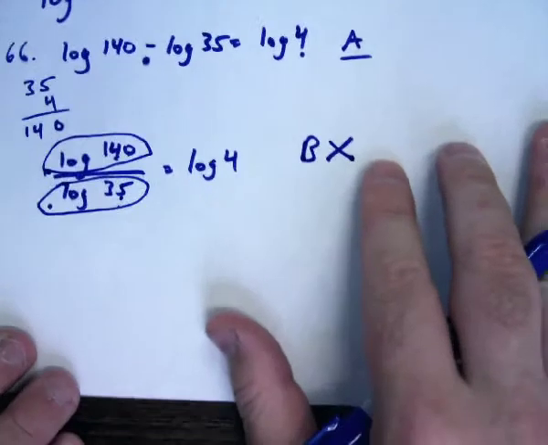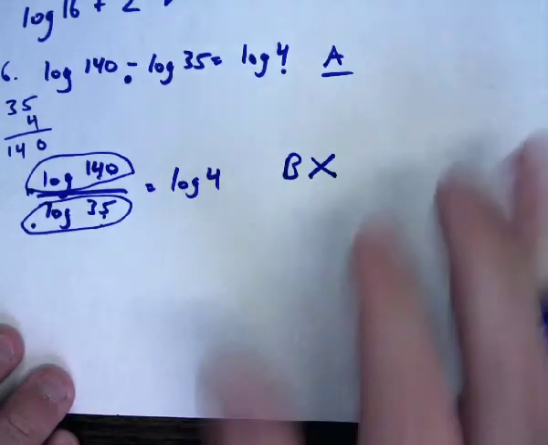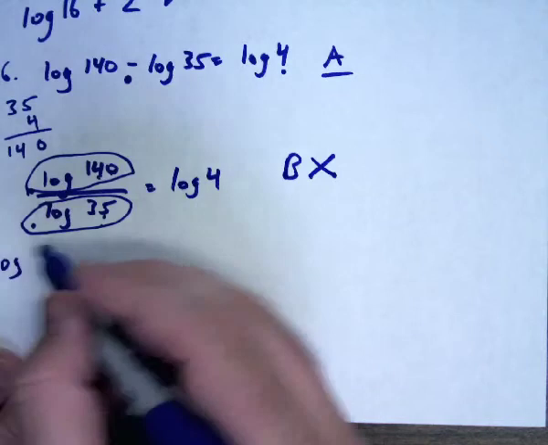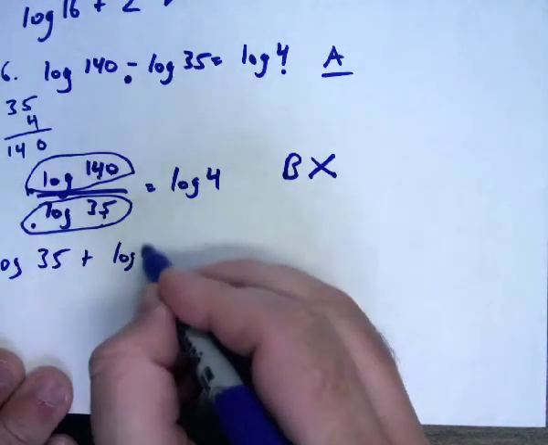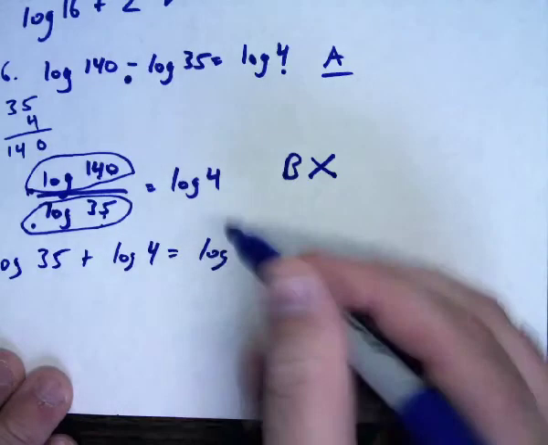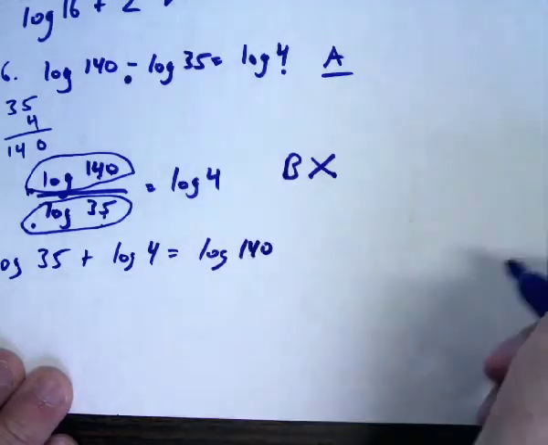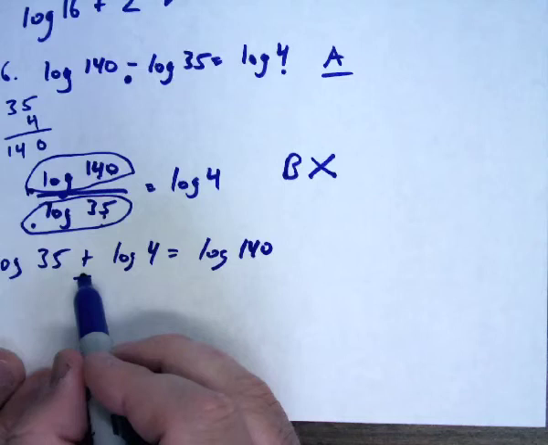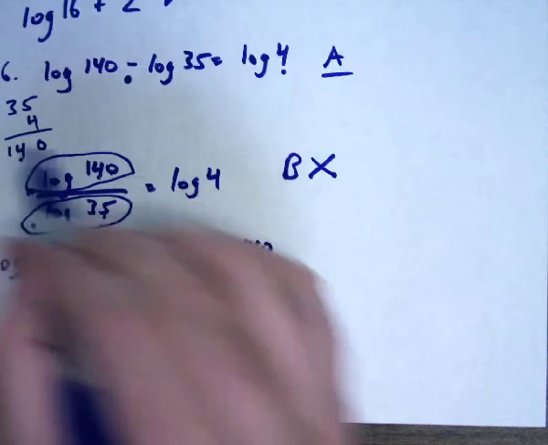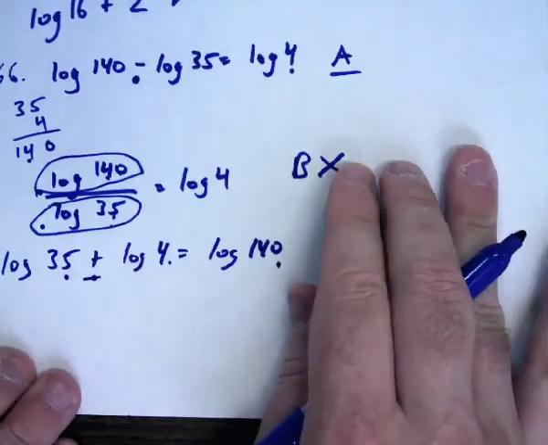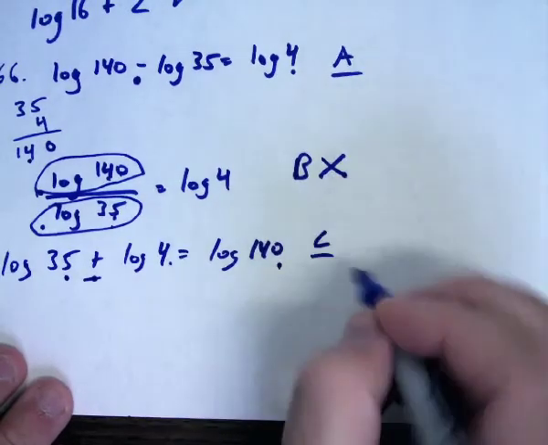Let's look at C and D just to make sure that we're on the right track. C is log 35 plus log 4 equals log 140. So when we add logs, we should multiply these two numbers, and I already multiplied 35 times 4. It should be 140. Alright, so C is okay.